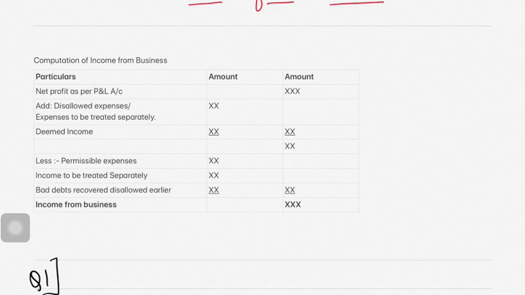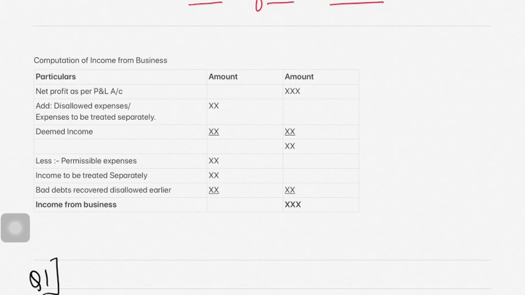Permissible expenses, income to be treated separately, that you will remove, that you will subtract. Bad debts recovered, disallowed earlier. Okay. So permissible expenses, income to be treated separately, that is fine. Now there might be some income shown on your credit side which you are not supposed to show, or which belongs to another head.